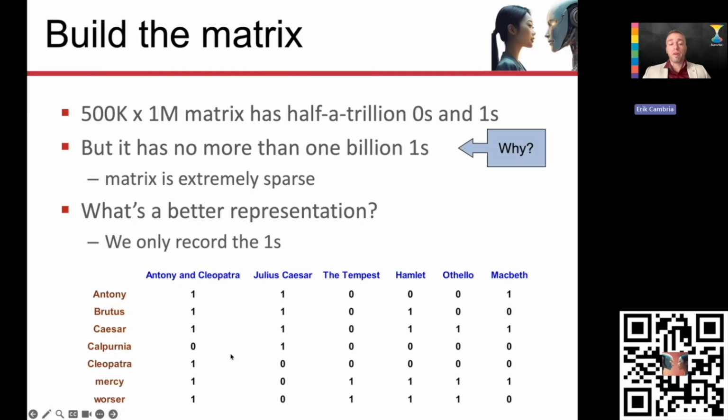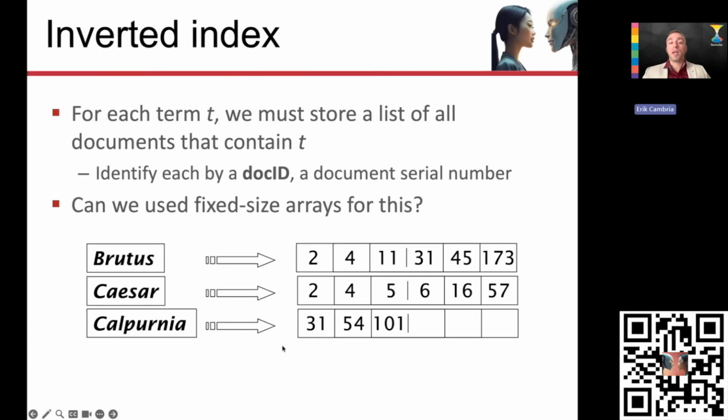So for a vector like Calpurnia, instead of encoding it as 0, 1, 0, 0, 0, 0, I can just say, okay, I got a 1 at position 2. This is what an inverted index does. So instead of having Boolean vectors of a fixed size, I have this index that just tells me where the ones are.